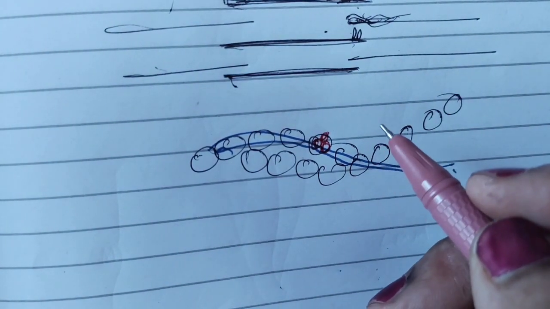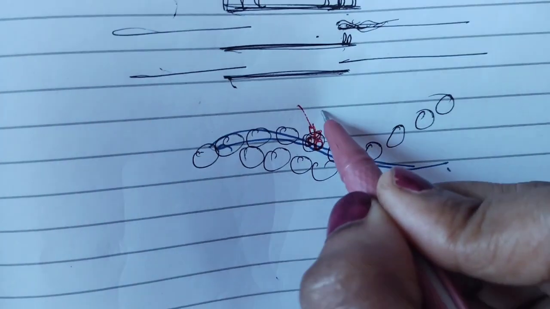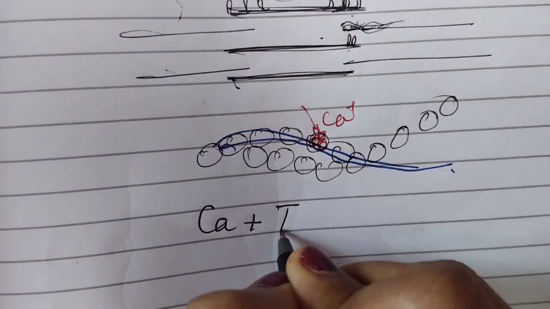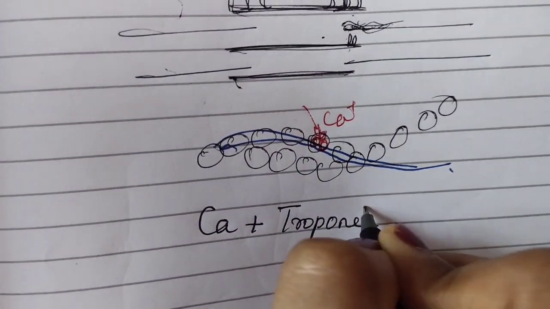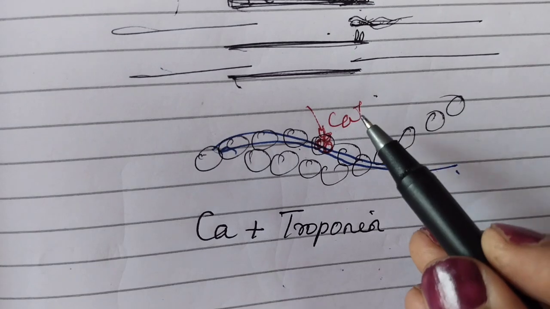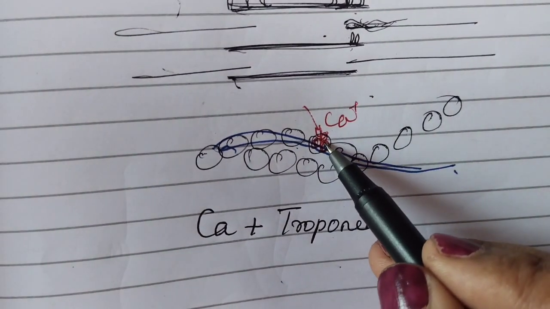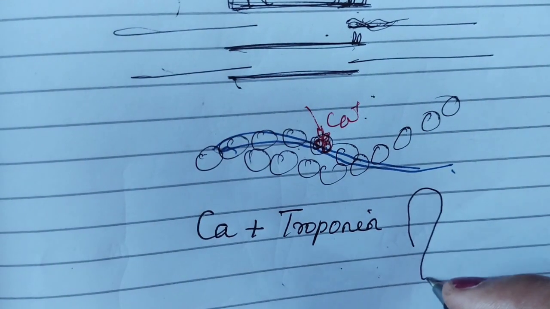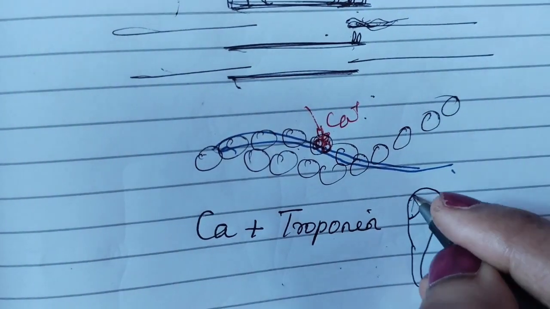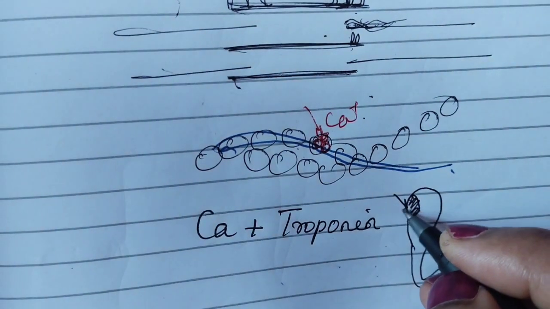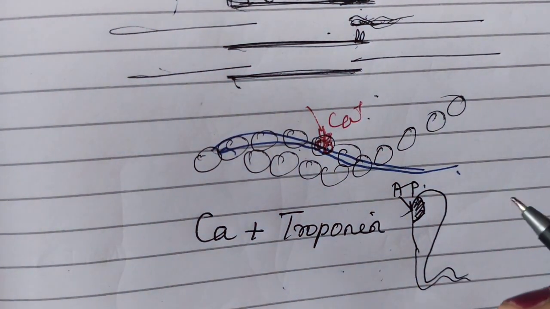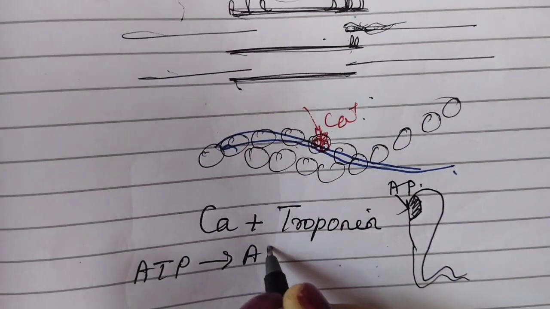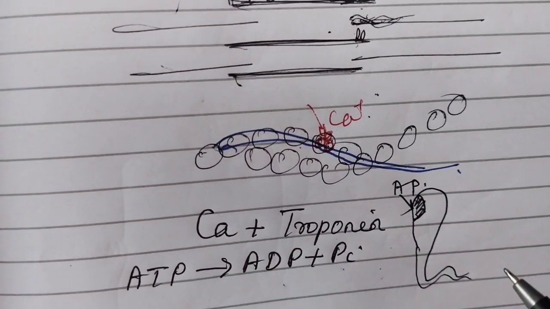So at this time what happens, the calcium will come and bind with this troponin. So calcium binds with the troponin and it removes the masking of the myosin binding site on the actin. Now meanwhile, the myosin head, meromyosin head, has got an ATP binding site. To this what will come and bind? ATP will come and bind, and ATP will be hydrolyzed or broken down into ADP and inorganic phosphate.